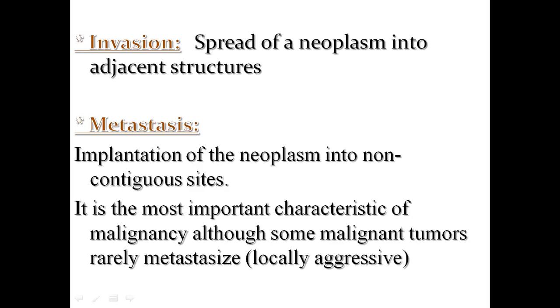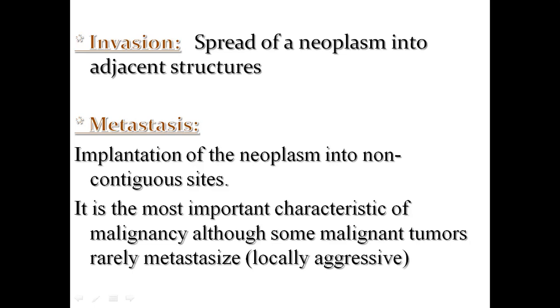And these cells go to that distant site and implant themselves in that site, and continue uncontrolled proliferation and form daughter tumors in the other organ. So metastasis is the distant spread of the tumor. Invasion is the nearby spread of the tumor.